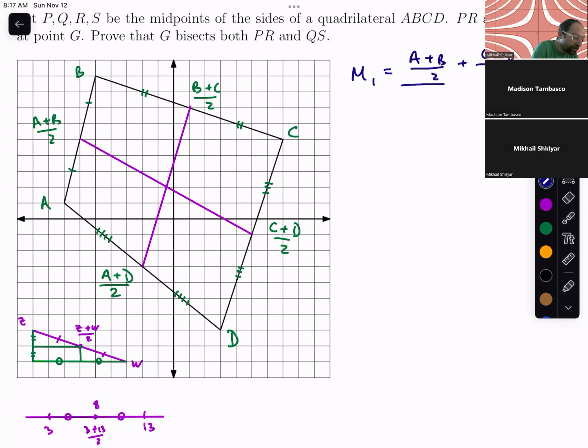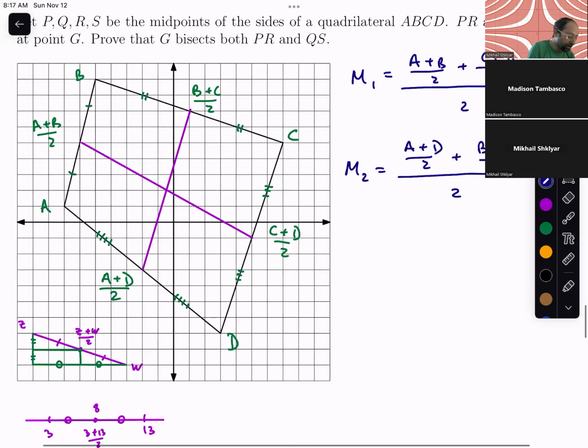Those are its endpoints divided by 2, the average. What about the midpoint of the second segment? That's (a plus d over 2 plus b plus c over 2) over 2, the average of its endpoints. Okay, we agree with that?